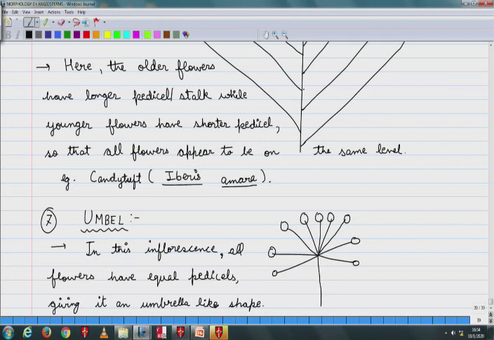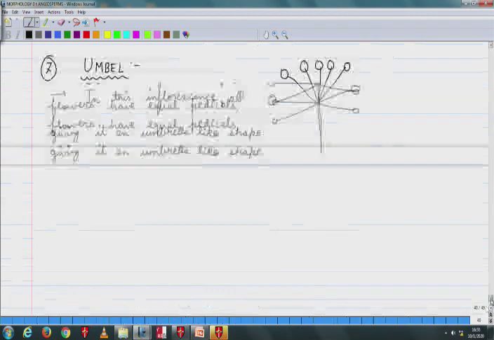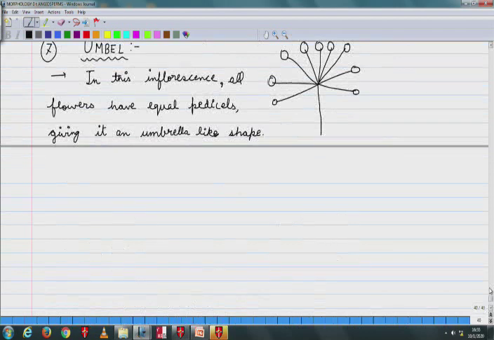This is the umbel inflorescence. Example of umbel inflorescence. Now there is simple umbel also, compound umbel also. This is simple umbel.